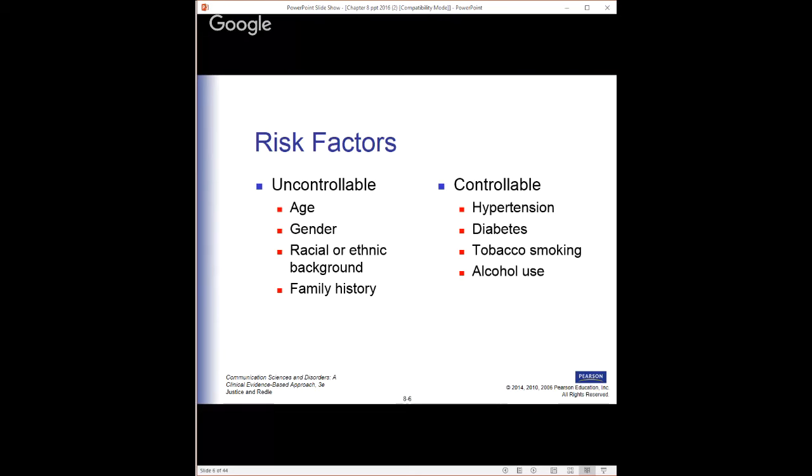For example, lifestyle changes such as improving eating habits and exercising, as well as pharmaceutical interventions, can often improve symptoms of hypertension. And diabetes, although incurable, can be managed so that blood sugar levels remain within more normal ranges. And of course, reducing tobacco and alcohol use can decrease the risk of stroke.